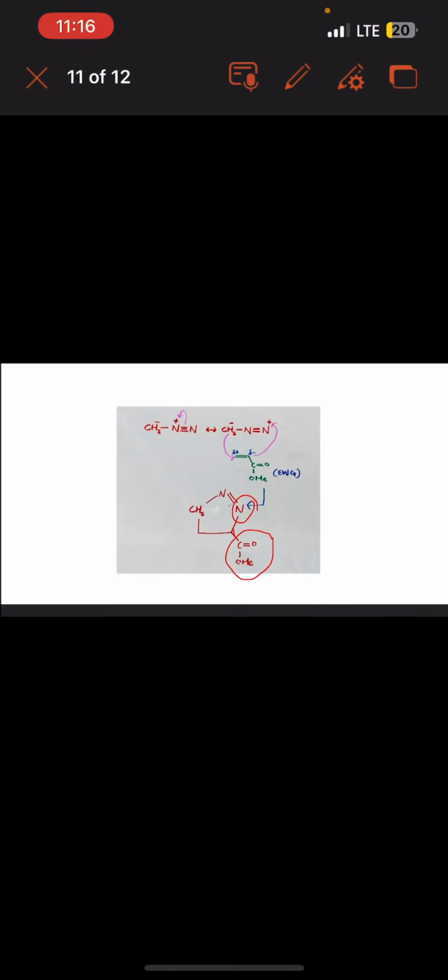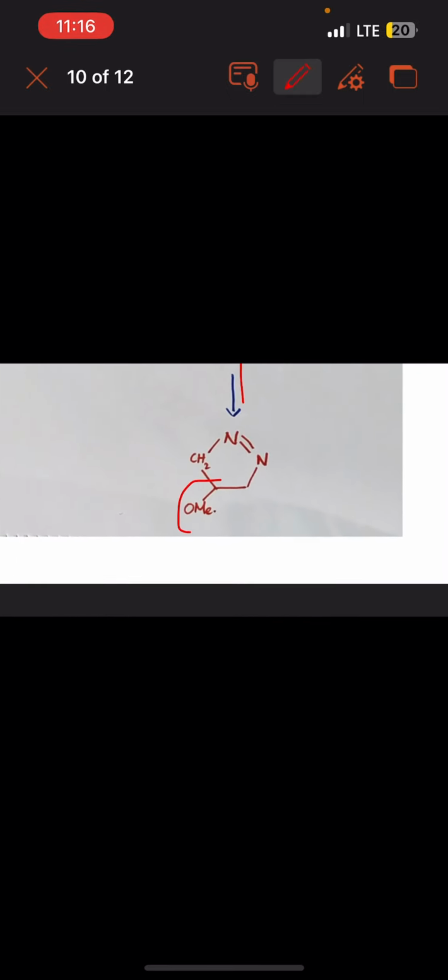In this case, the substituent is on the carbon atom near to the nitrogen atom, while in the first case, the electron donating group, the substituent, is at the carbon atom near to the CH2 group. Okay, I hope you will understand it clearly. And thank you.